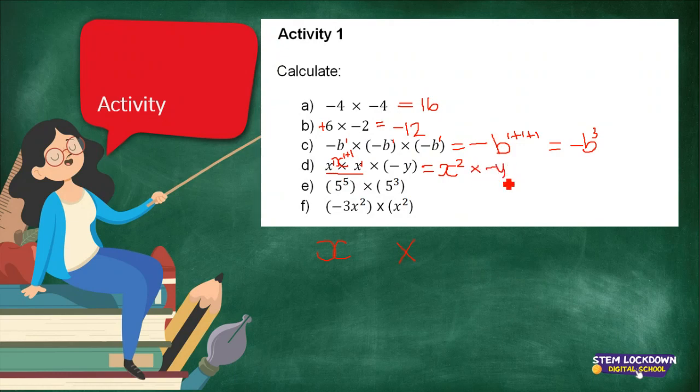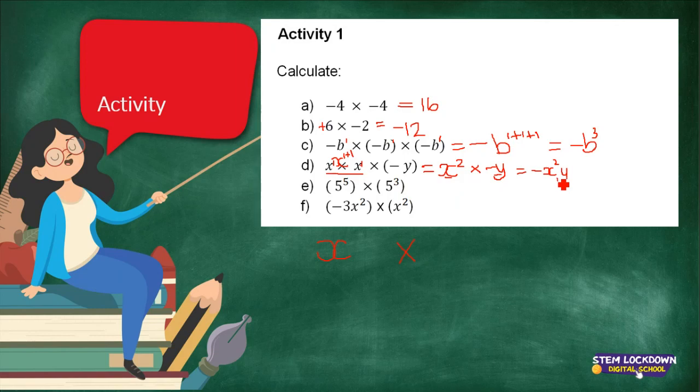Here you cannot use the laws because the bases are not the same. You have an x and you have a y. But you're still multiplying a positive and a negative, so the answer will be negative. Very, very good. Excellent. Negative x squared y.